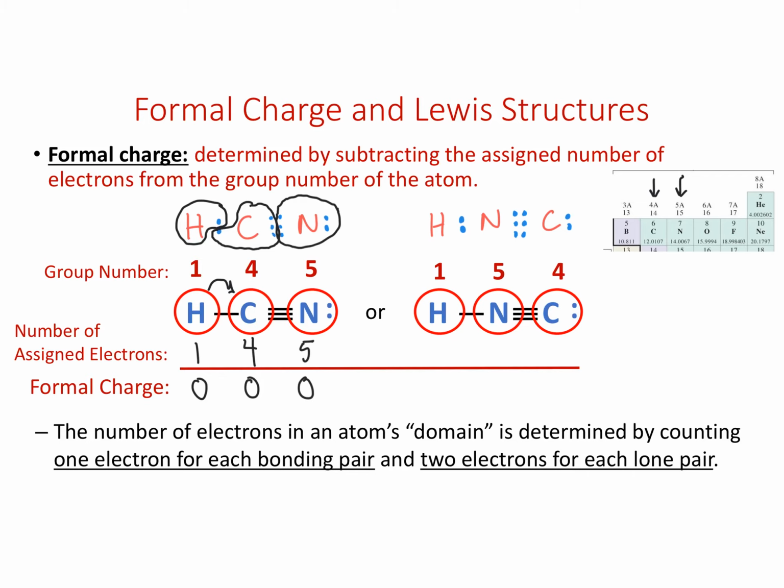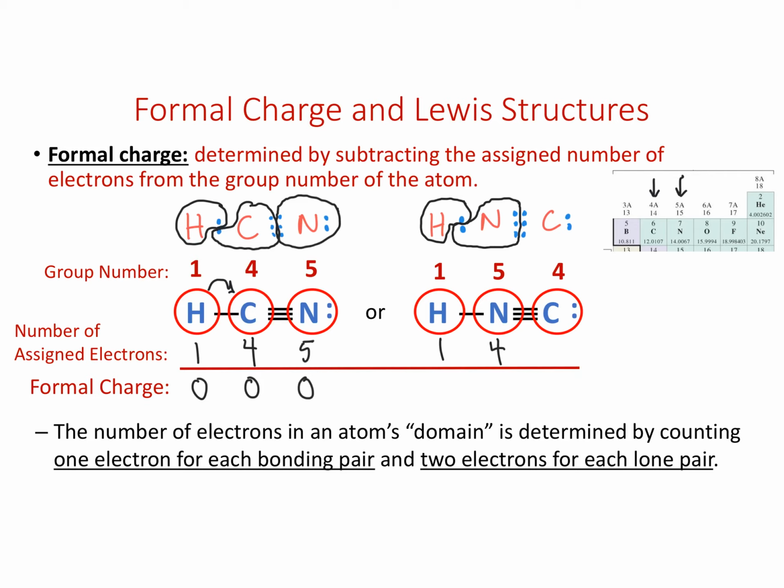Now for the next Lewis structure, we'll do the same thing to determine the formal charge: 1 electron for each covalent bond. So I go to hydrogen, and I still only have 1 electron assigned. Now I go to nitrogen, and I have 4 electrons assigned to nitrogen: 1 from the covalent bond to hydrogen, and 3 from the carbon-nitrogen triple bond for 4 total electrons assigned.